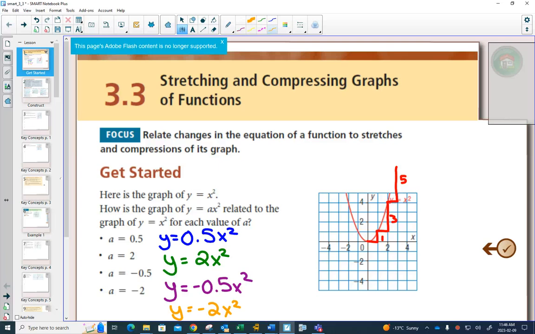Then on the green one, you might remember that your teacher would have said, if there's a 2 out in front, instead of doing 1, 3, 5, you go over 1, up 2, over 1, up 6, and then it would be over 1, up 10, and that would make your green graph narrower.